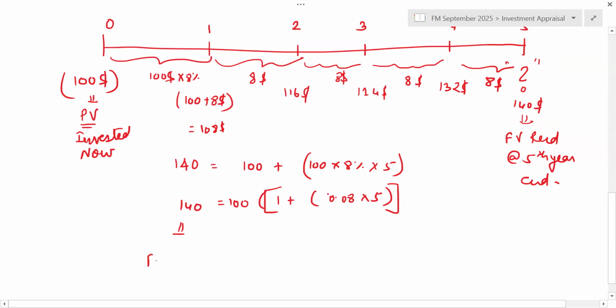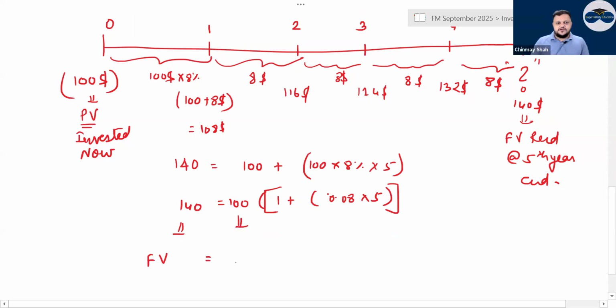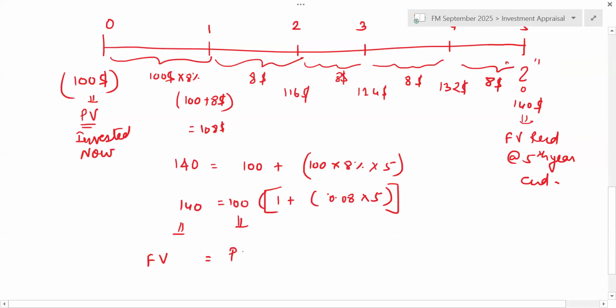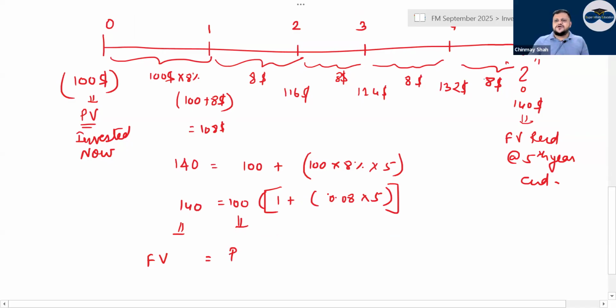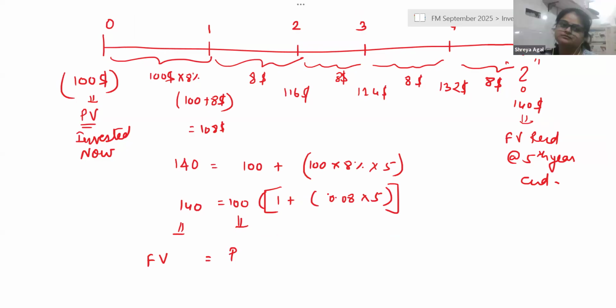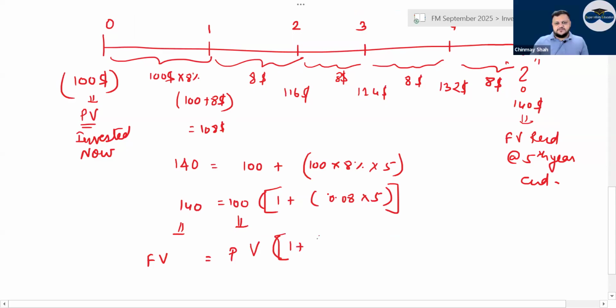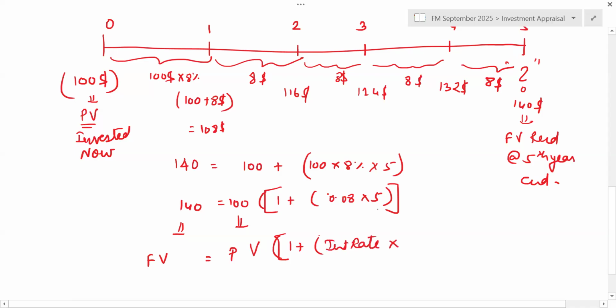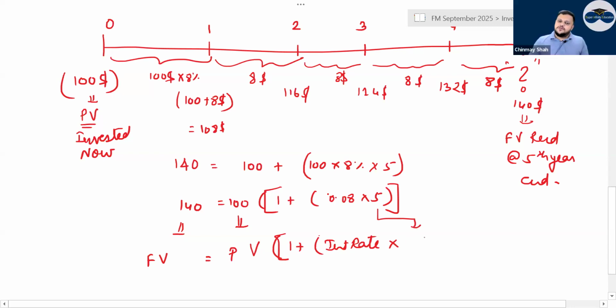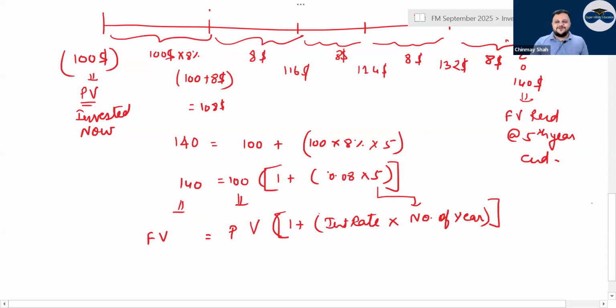Future value. Future value is equal to 100, which is the principal, today's present value, times a bracket: 1 plus another bracket, 8%, the interest rate, into 5, the number of years of investment.